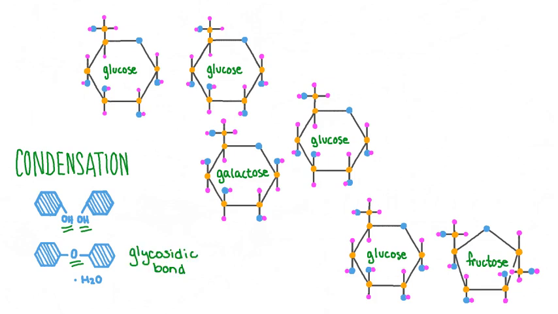To form this glycosidic bond, 2 hydrogen atoms and 1 oxygen atom must be removed. They bond together to form 1 water molecule, which is released. The release of this water molecule is what gives the condensation reaction its name. You can remember by thinking about how water is released from the air when it condenses into droplets.